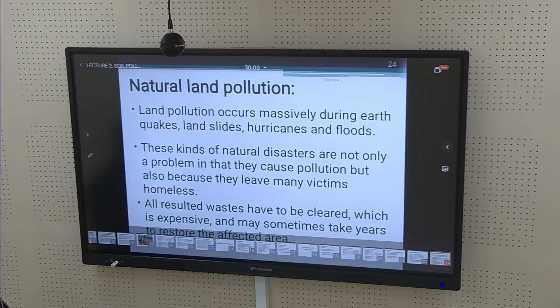A good example is the recent volcanic activities in Manyara, certain area, Hanang, where we experienced this, where many people were victims and were left homeless. All resulting waste has to be cleared, which is expensive and may sometimes take years to restore the affected area.